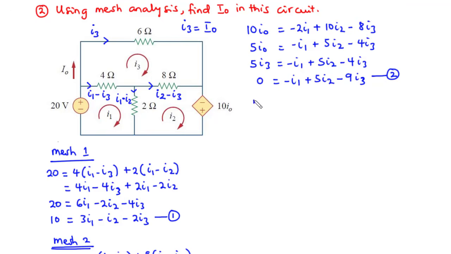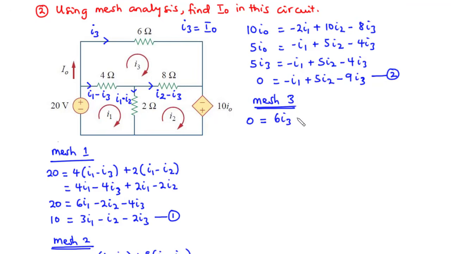And then for mesh 3, we have the voltage source here to be 0. We have no source voltage, so 0 equals, we are going to have 6I3, and then moving this way, you realize that this is going to oppose the direction we are taking.